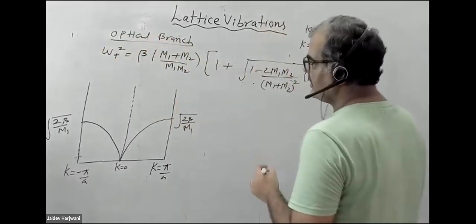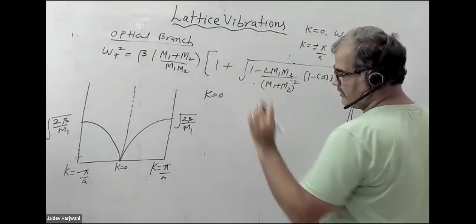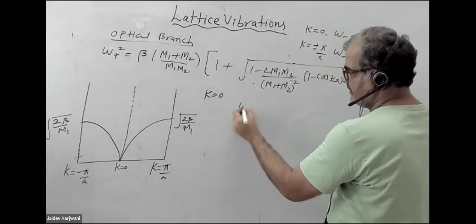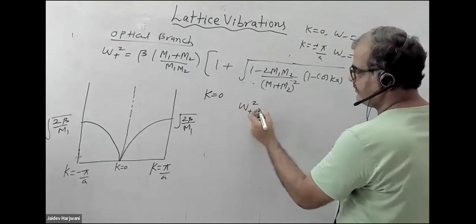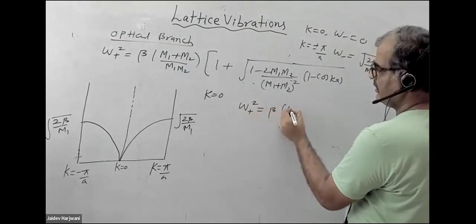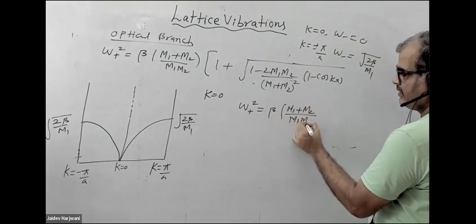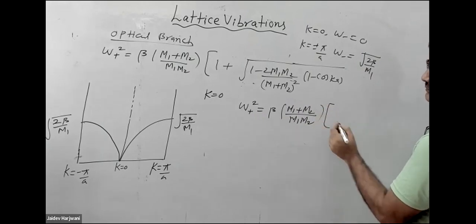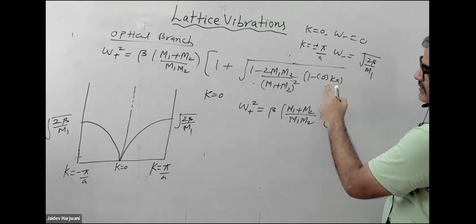Now solve this optical branch at k tends to 0. When we put k tends to 0, sorry, not tends to 0, k exactly equals 0, in that case your omega plus square will become beta (m1 plus m2) upon m1 m2 times 1 plus, you put 0 here, again 1.